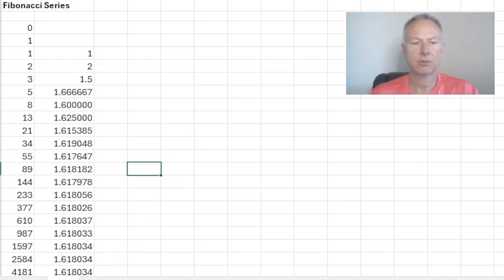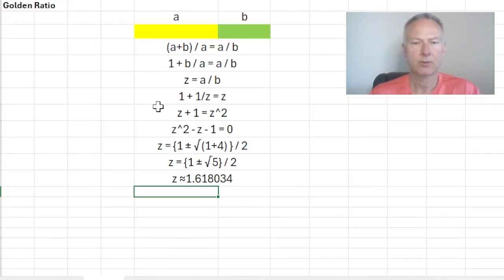And let me explain what that means. The golden ratio was posed in this way. So assume you have a length of, let's say, a stick or a ruler of a certain length here. And you want to divide that ruler up into two pieces such that the ratio of A to B, in other words, when you divide it, the ratio of the longer piece to the shorter piece is equal to the entire length divided by the longer piece.